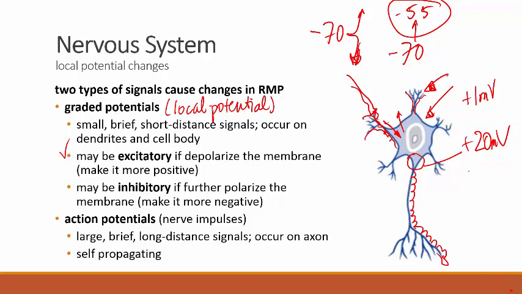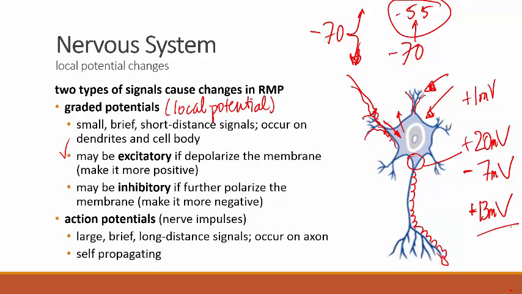But if it also receives inhibitory stimulation to the amount of, let's say, 7 millivolts, then in that instant the axon hillock will have only received a total of plus 13 millivolts, not enough to reach threshold.